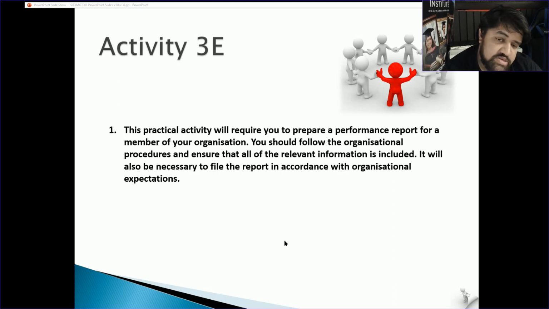Okay, so pick a person, and the ideas that I have given you, use those or use your own from your workplace, and then create an evaluation for this activity.